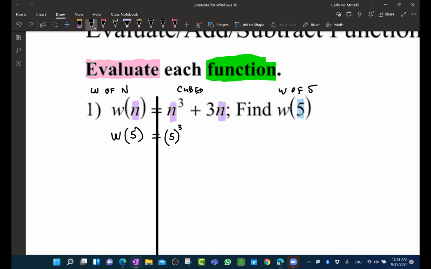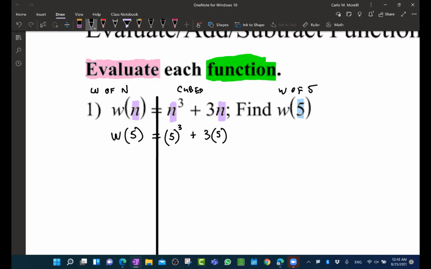So we're cubing 5 plus 3, and then do a parentheses and put a 5 where there was an n. So just always put a parentheses when you're going to substitute in a value. This isn't so important for this problem, but it's going to be important for the next problem and all the problems that we do thereafter.